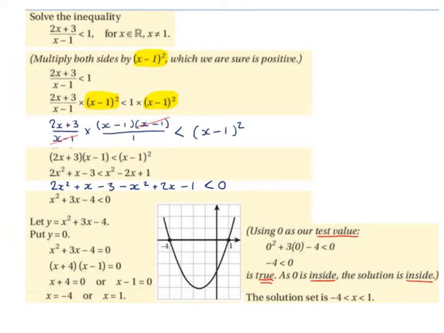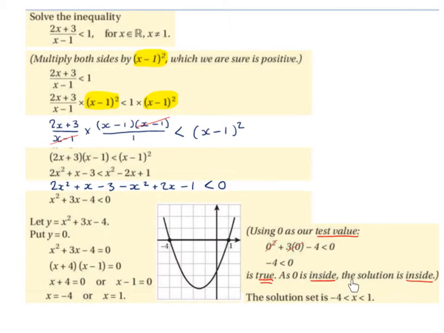Swapping each of those x's for 0 with brackets around it, we get 0 squared + 3 times 0 - 4 < 0. 0 squared will cancel, and 3 times 0 will cancel as well, leaving us with -4 < 0, which is true. And as 0 is inside our two points at which it crosses the x-axis, the solution, therefore, is inside.